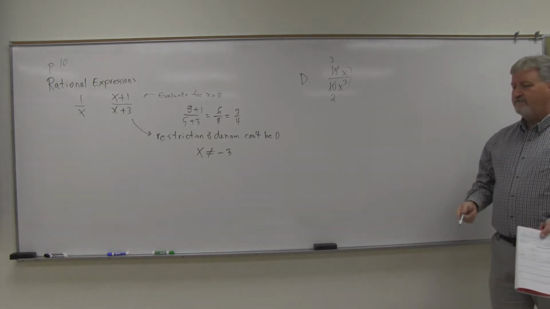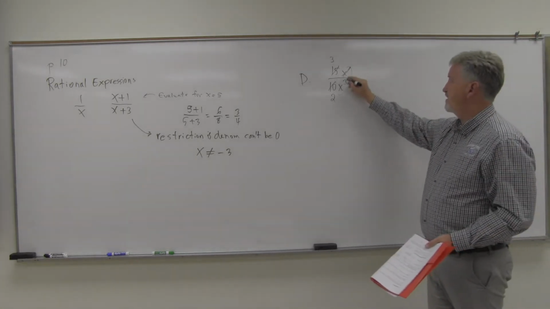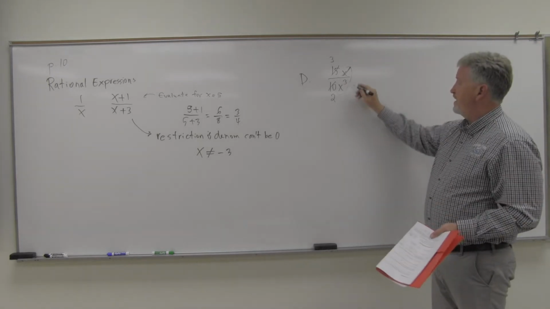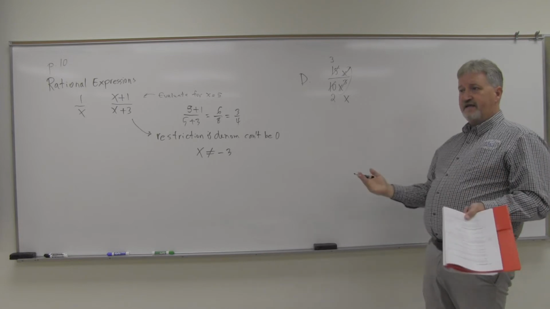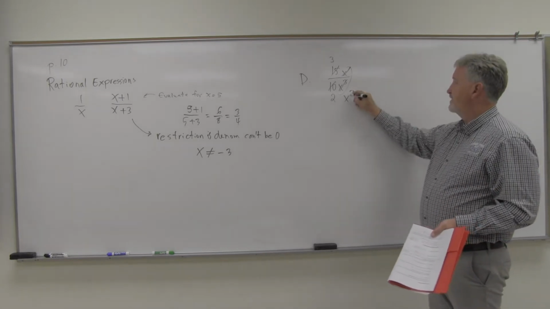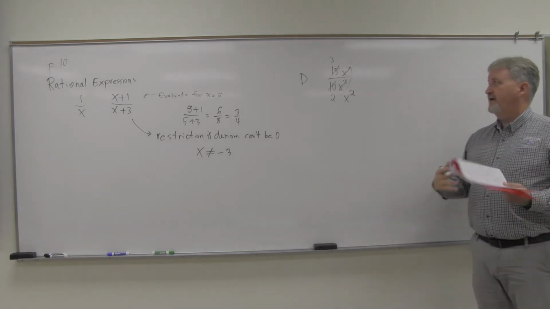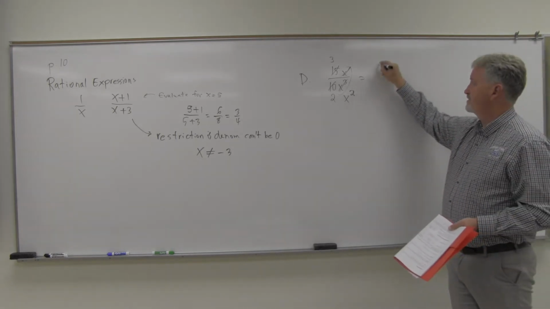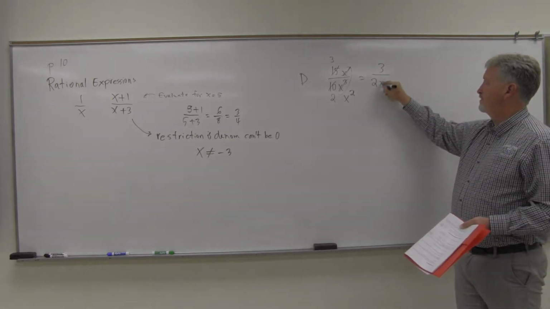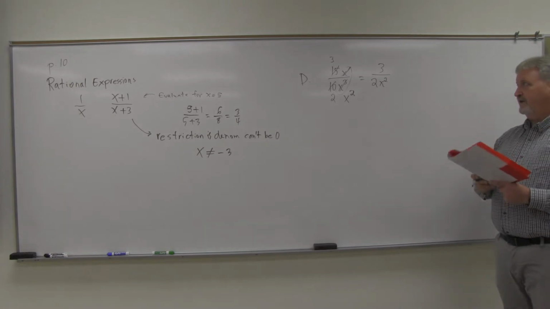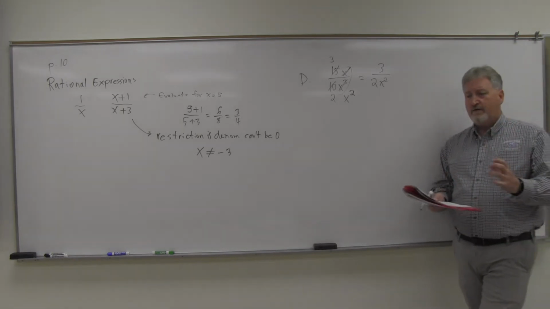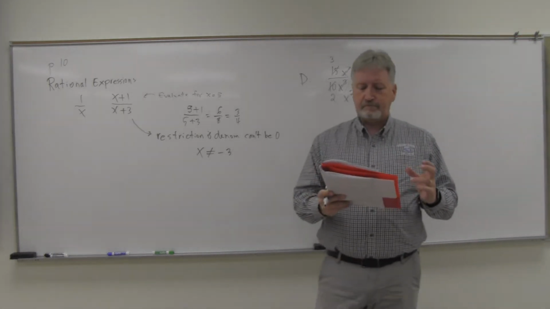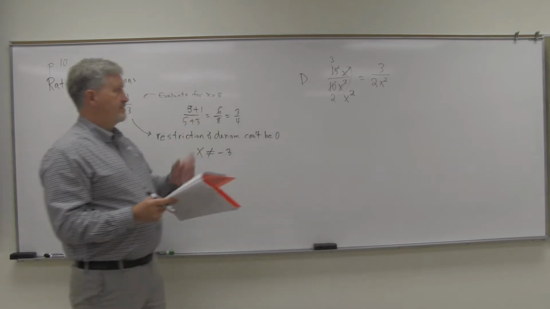They have a common factor of x, so if I take out an x there, that just goes away, and then what happens to this one? Well, you take out an x, that leaves you an x squared, doesn't it? And so that's what we're pointing out. You have to take out those common factors, and so you're left with 3 over 2x squared. That's one way to do it. I guess there's others, but that's kind of what we're looking to cancel, those common factors that the top and the bottom have.